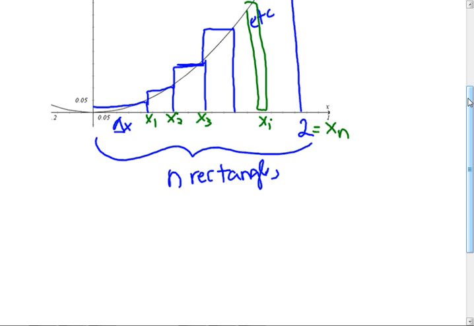What's true about all the bases? They're all the same. So let's just factor that out right now because it's easier. And then I find the value of the function at each x-coordinate.